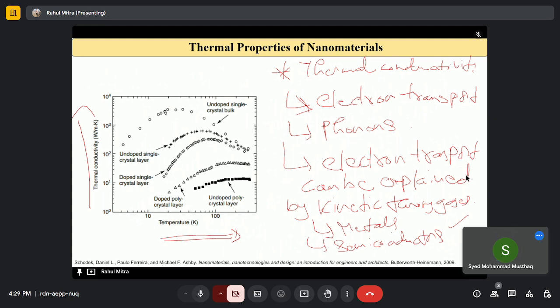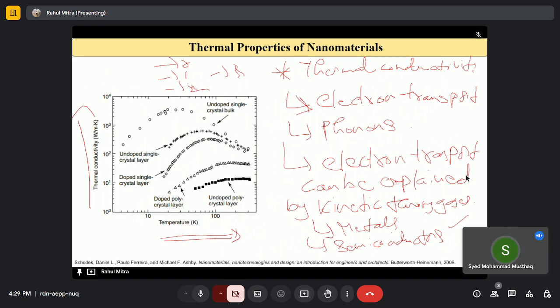So even upon that, if we are thinking about nanoparticles, for example, thin films, right? If we are talking about thin films, then we know there are 0 dimension, 1 dimension, 2 dimension, 3 dimension nanoparticles, right? So if you're talking about 2-dimensional nanoparticles, you're only considering the phonon conduction, right?